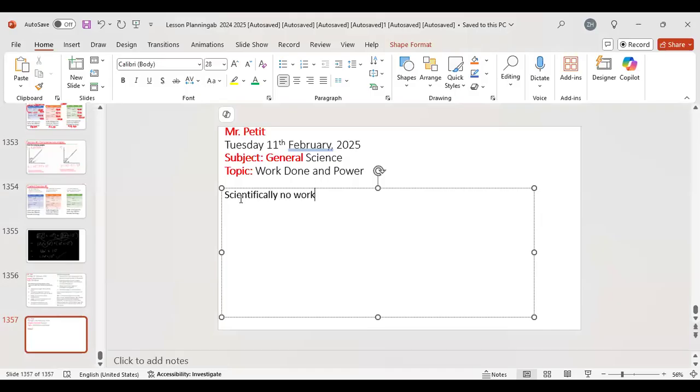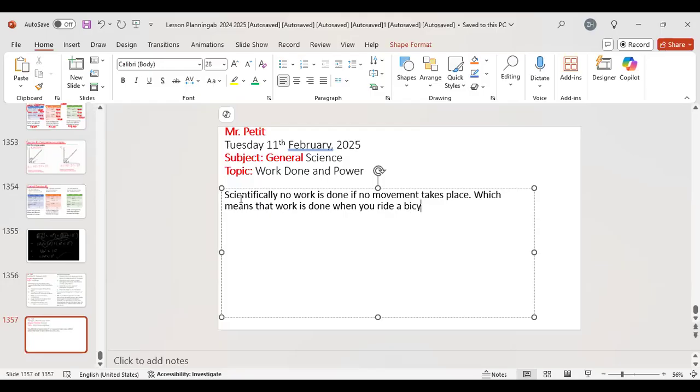So scientifically, no work is done if no movement takes place, which means that work is done when you ride a bicycle.